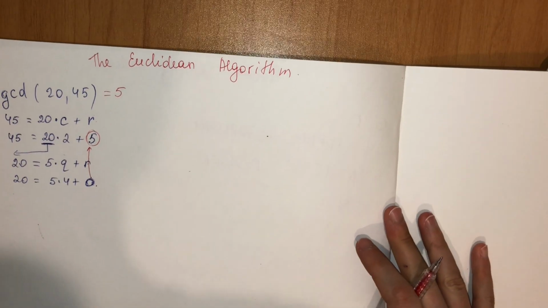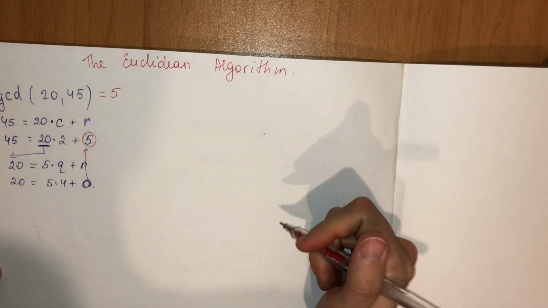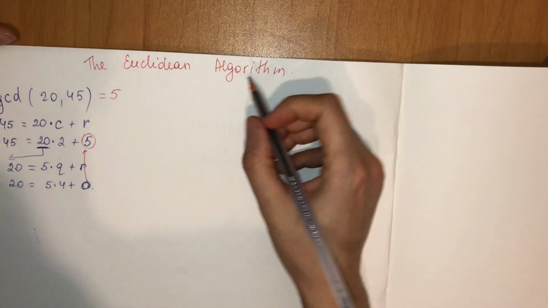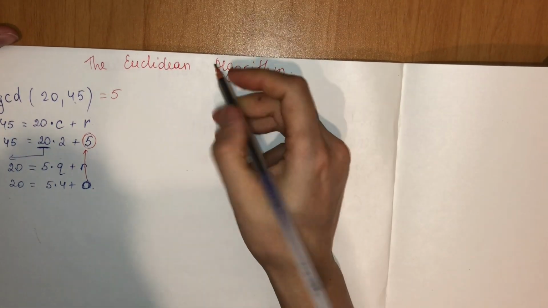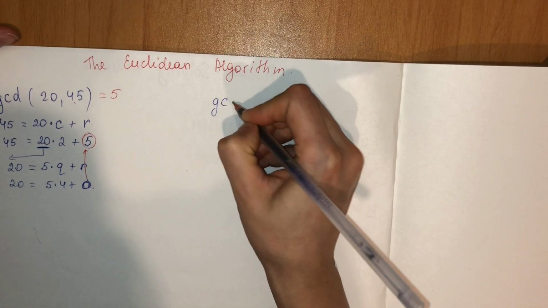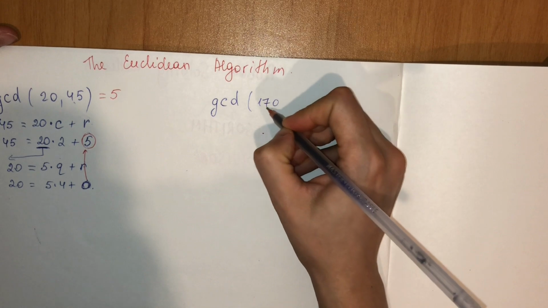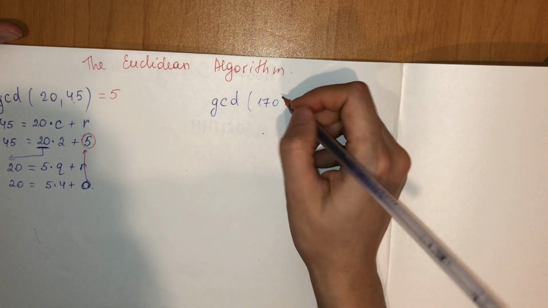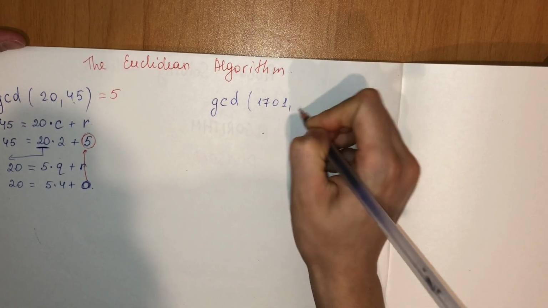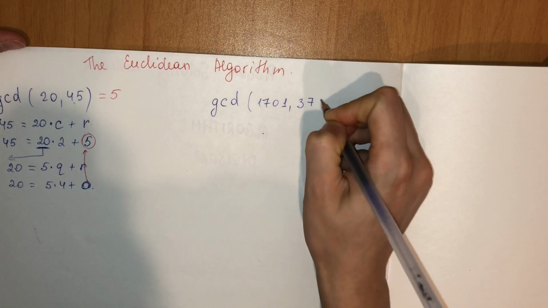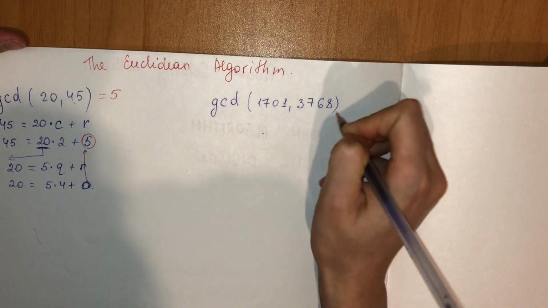And let's try another example, more complicated, as this was simple. Let's find the greatest common divisor of 1,701 and 3,768.